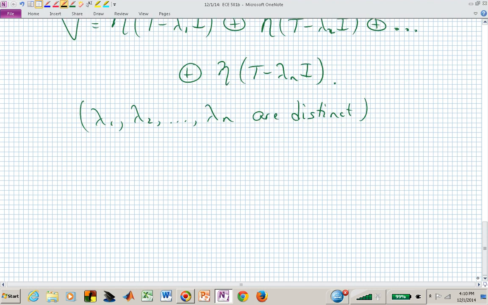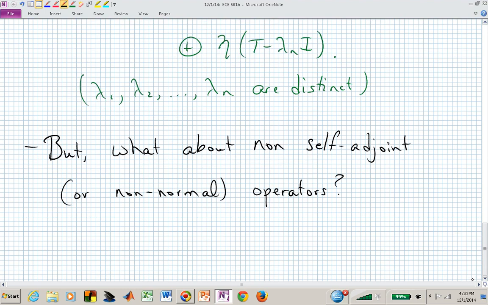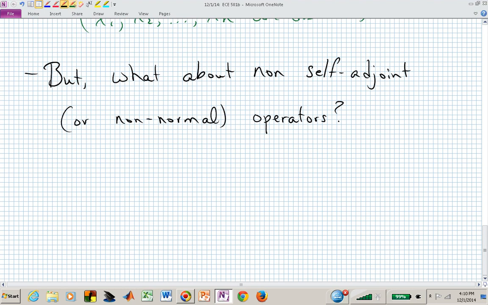What we're interested in today is when we don't have this situation. But what about non-self-adjoint operators, or non-normal in the case of complex vector spaces? We can make a few observations.